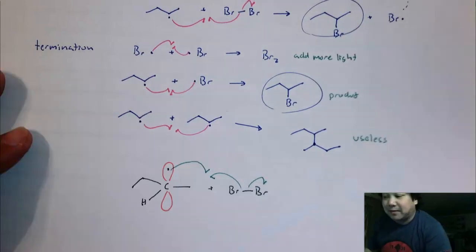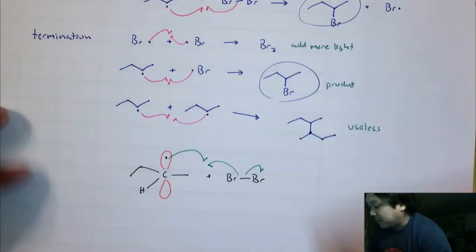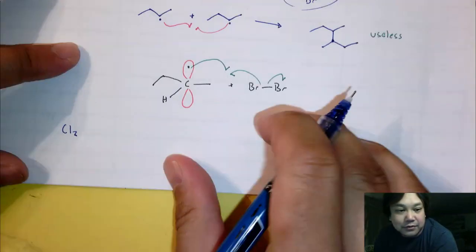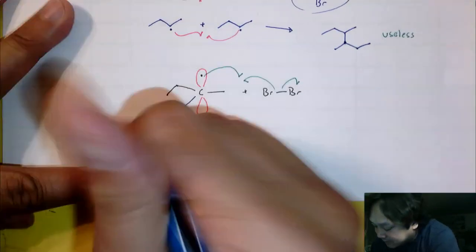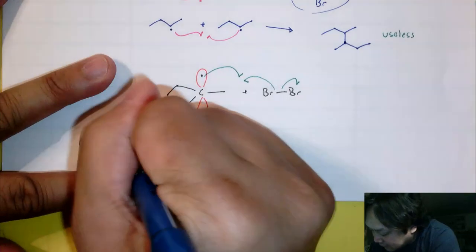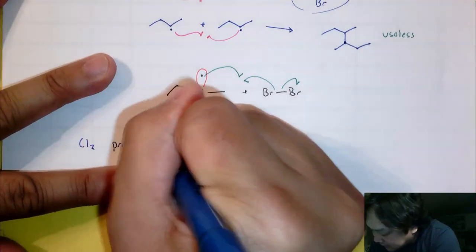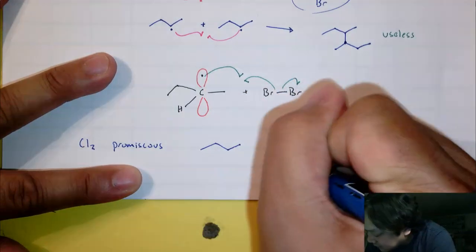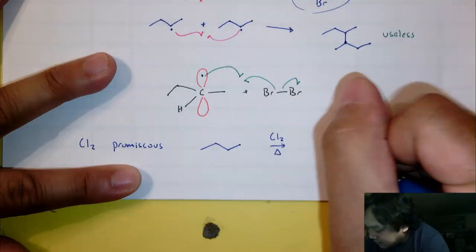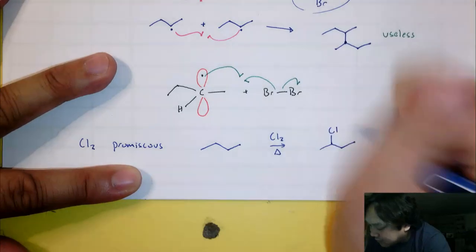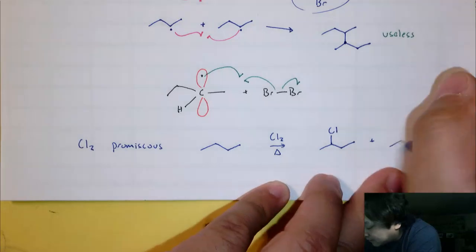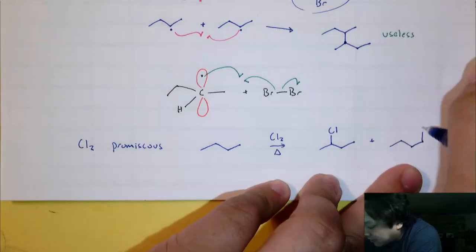Alright, let me see if I'm missing anything really important. Oh, yeah. A couple things. We can't use chlorine to do chlorination because it's promiscuous. It's not selective. So if we have something like this and we use chlorine, we heat, we're going to get not only the product that we would predict for bromine, plus we'd get some of the chlorine on the primary carbon.